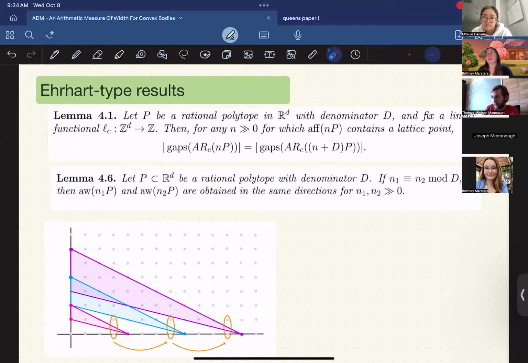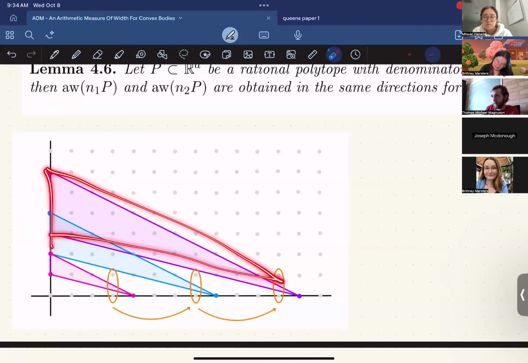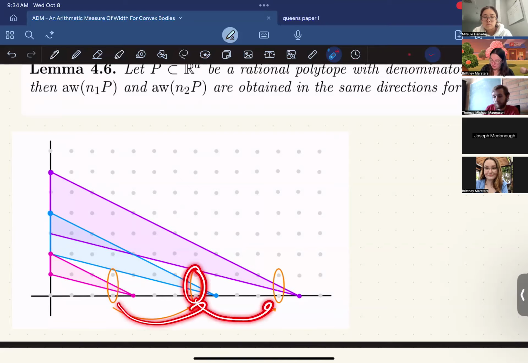But when you are congruent mod the denominator of the polytope, the way that I like to think about it is that the lattice points sort of near the pointy bits feel the same, and they're sort of relative to the boundary in the same sort of way. And again, this is the same idea. As I dilate this polytope, well, I have a gap here, and I am translating that gap uniformly throughout the lattice. And additionally, I'm not picking up any new gaps once I do this.